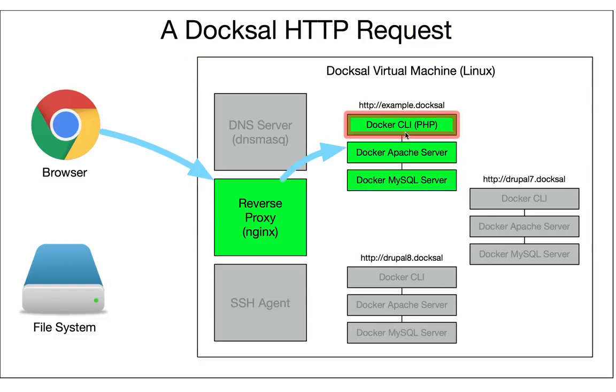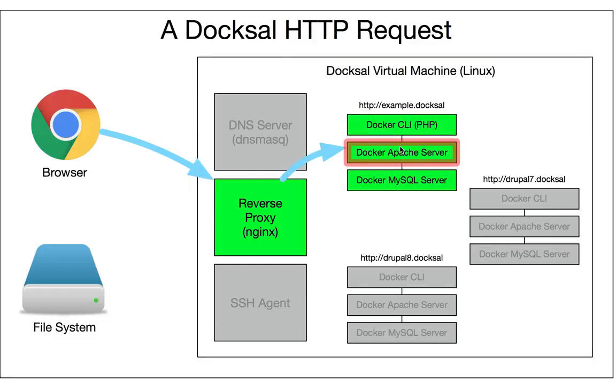The Docker CLI, critically, is where PHP is installed. So the Docker Apache server is going to communicate with the CLI server using PHP FPM. The CLI server is also where Xdebug is installed, as well as a wide array of development tools that we'll explore later in this presentation.